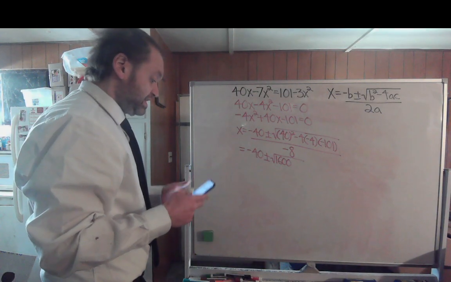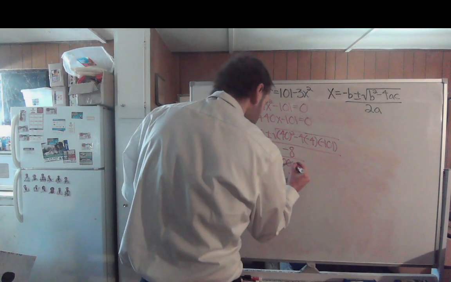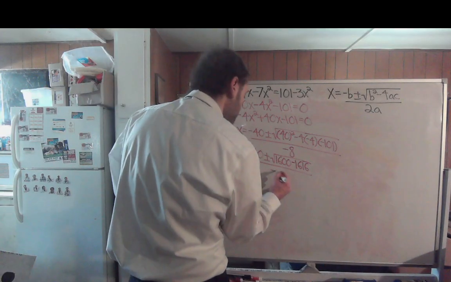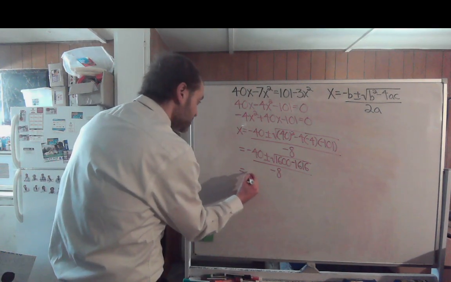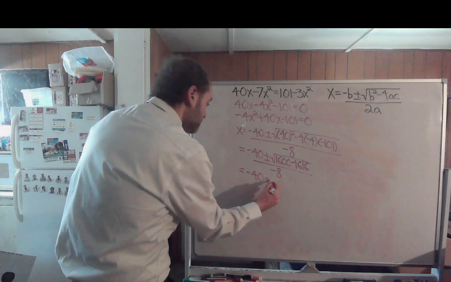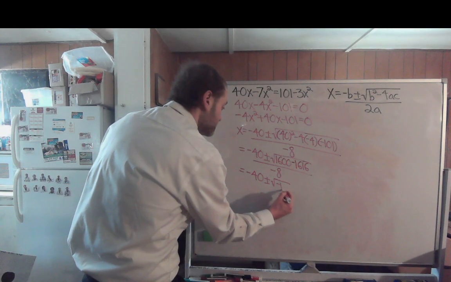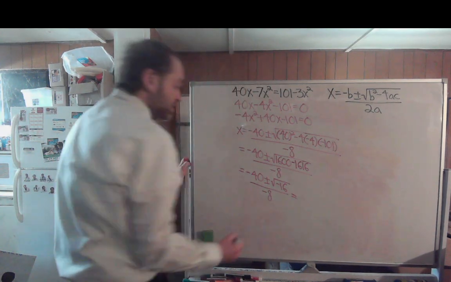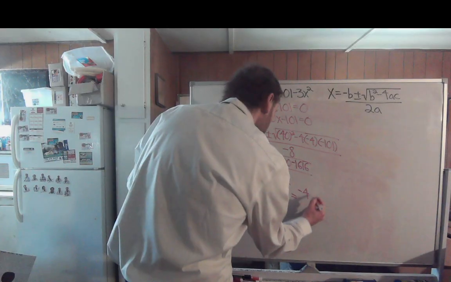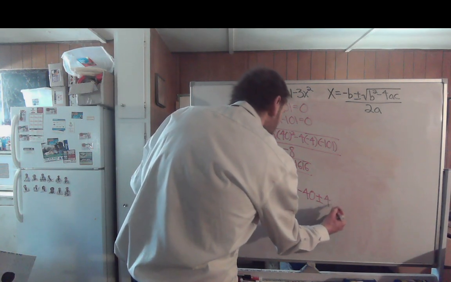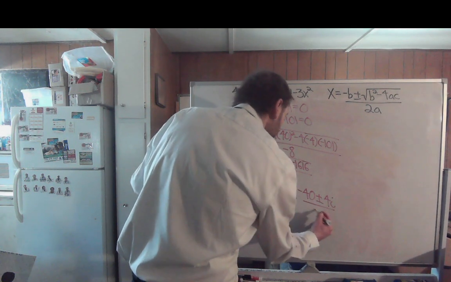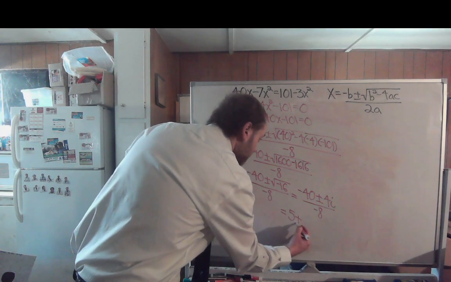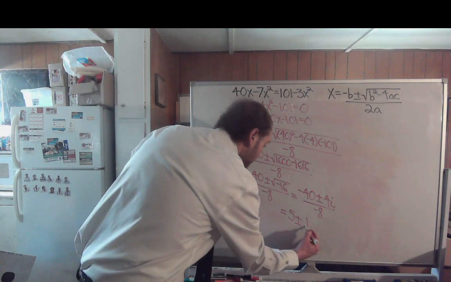That'd be minus 1616, all over negative 8, which would turn into negative 40 plus and minus the square root of negative 16 all over negative 8, which would turn into negative 40 plus and minus 4i all over negative 8, which reduces into 5 plus and minus 1/2 i.